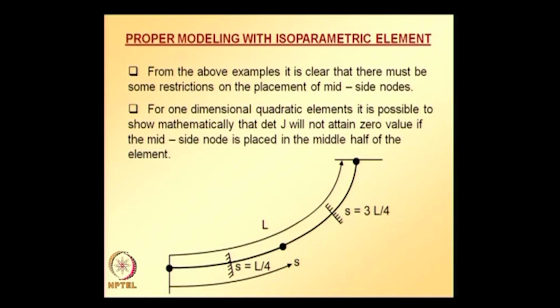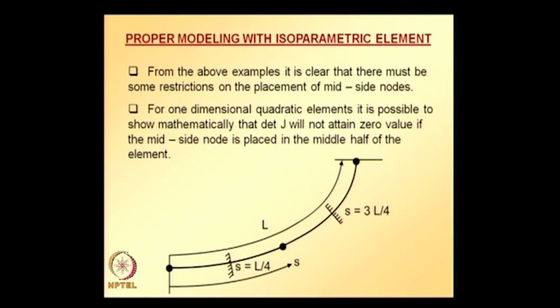If you have an edge of length L, then, excluding the two extreme end nodes, the location of the mid-side node S should be between L over 4 and 3L over 4, where S is measured from one of the extreme end nodes, and L is the total length of that side. So this is the requirement if the determinant of J should not be equal to 0.